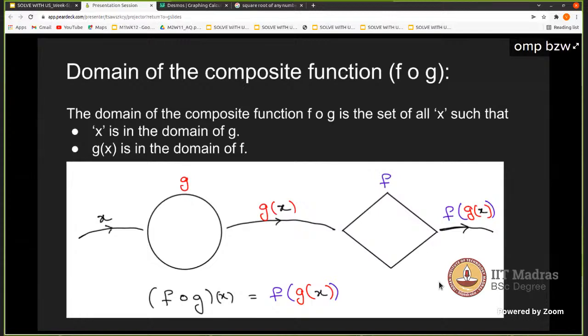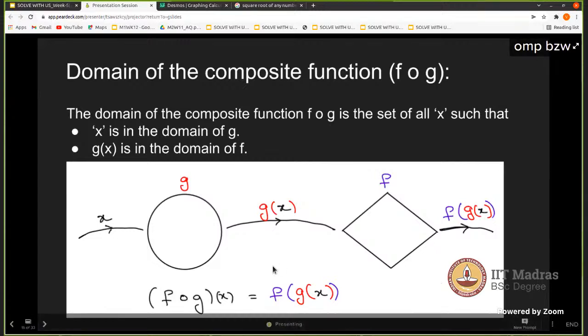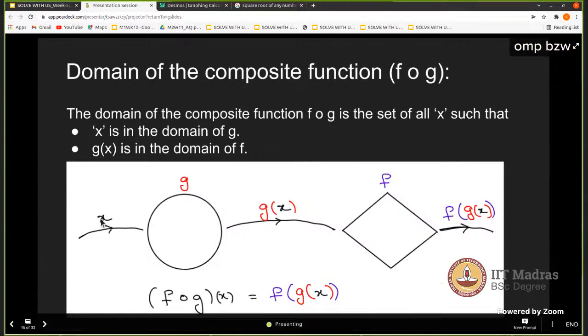So your g has domain -1 to infinity, but your f has domain of all real values. Now from here I can only choose from -1 to infinity. This x can take only values from -1 to infinity because the domain of g is -1 to infinity, right? Now after it goes into this function g, it comes out as an output g of x, right?